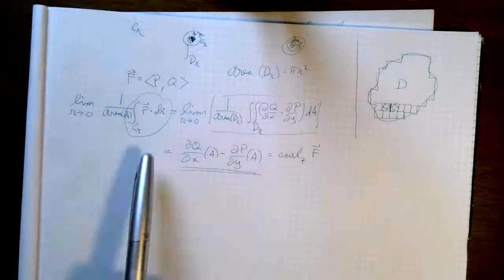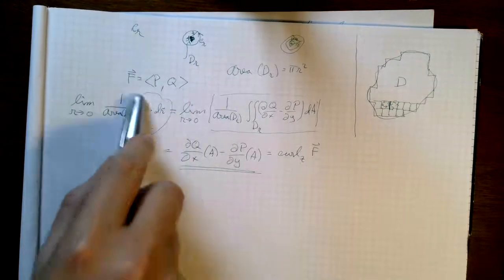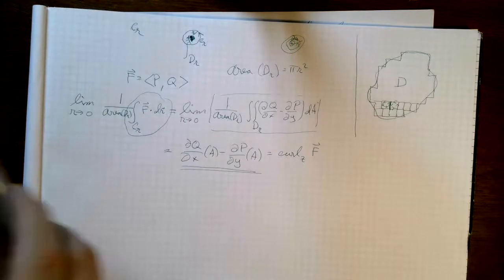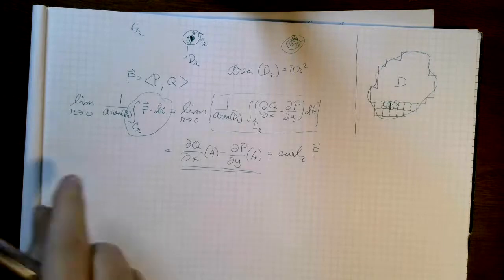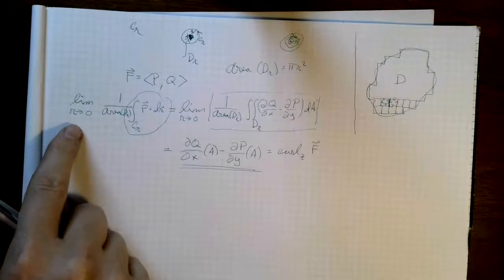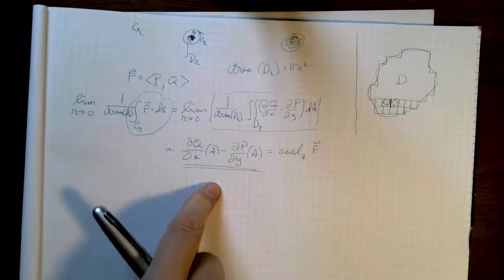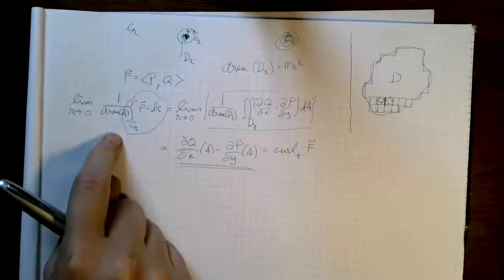Now, for example, the original definition of curl in physics is really this limit, because that's what people want to compute. You want to compute how much stuff is twisting, right? That has a physical interpretation. Nowadays a lot of places will define the curl as just this formula, but in some sense that's not what it is. That's how you compute it. What it is is this expression over here.